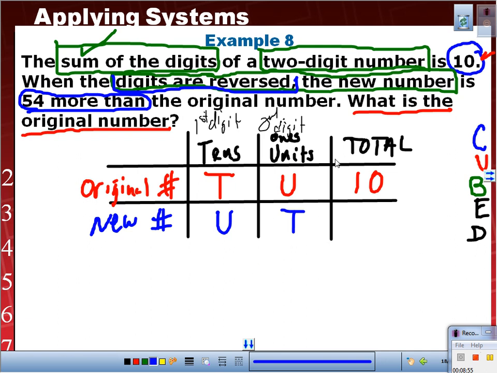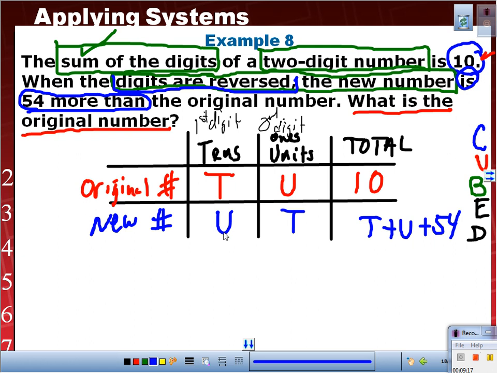Okay? And then it says, the new number is, that means it's equal to 54 more than the original. What was the original? T plus U. So watch, T plus U, but 54 more is plus 54. However, pay attention to this part. This one came from the units, and now it's in what place?